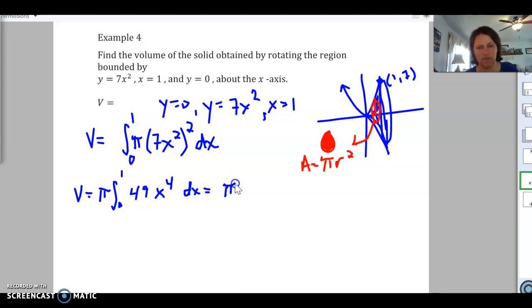So we'll have pi times 49 times 1 over 5 x to the 5th, and all of that is being evaluated from 0 to 1. And so putting all that together, we get our final answer of 49 over 5 times pi. And that is our answer.